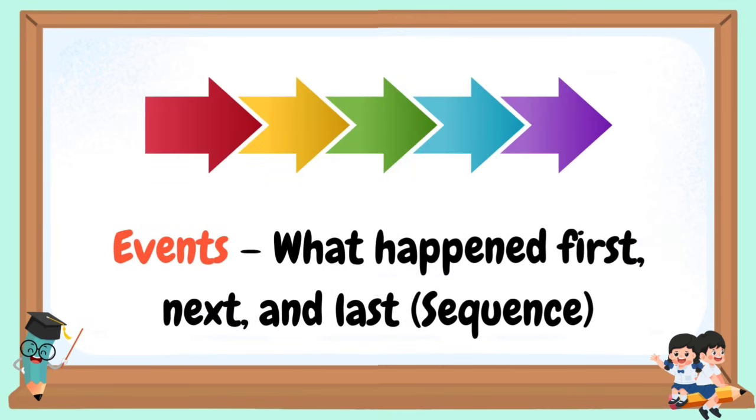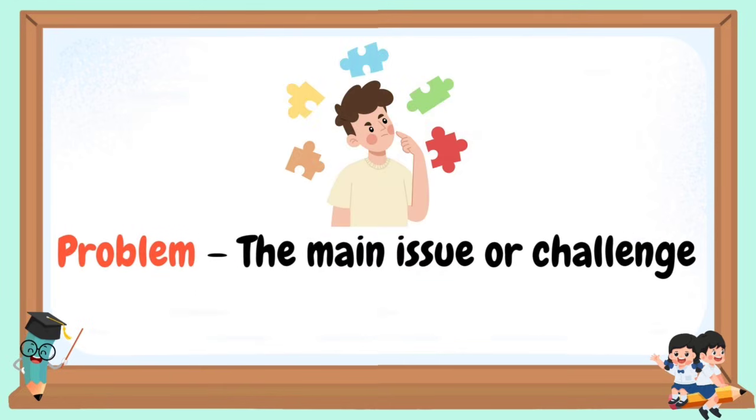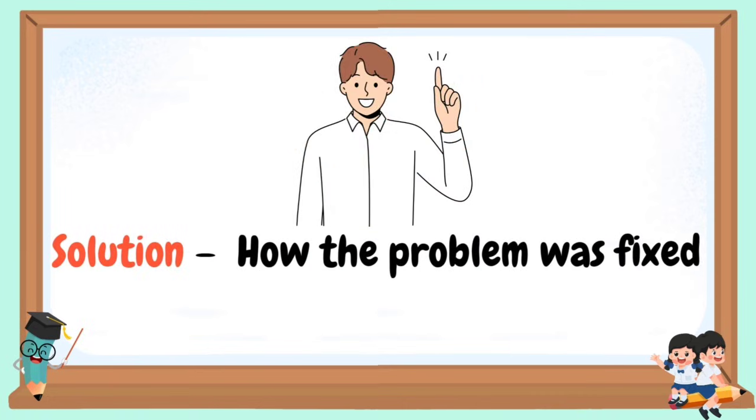Events. What happened first, next, and last. That is the sequence. Problem. The main issue or challenge. Solution. How the problem was fixed.